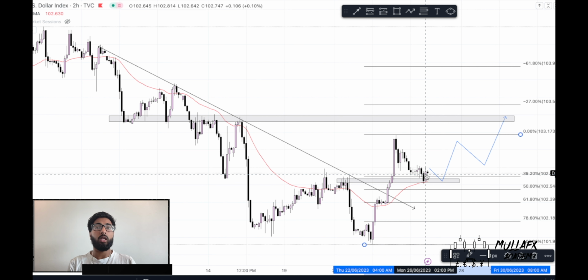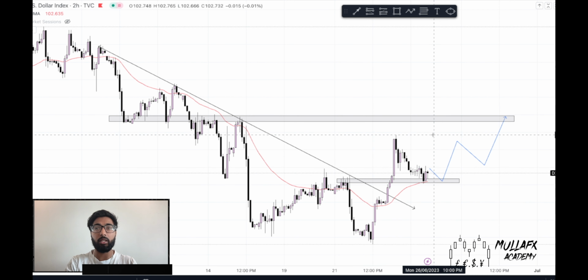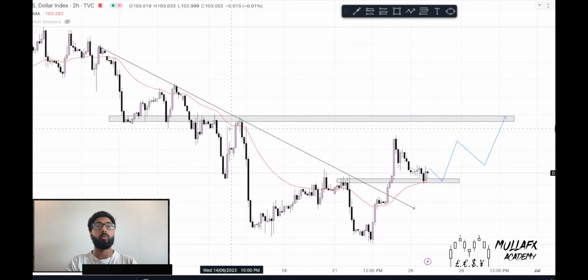Now again, if you do look at the US dollar index, this is my analysis. This is where I feel the USD index, the DXY, is headed. Once price gets to this area, I will do another analysis video. Price looks like it's rejecting off our moving average and off our 38.2 extension Fibonacci level, and price could be going back to where it was moving a lot.